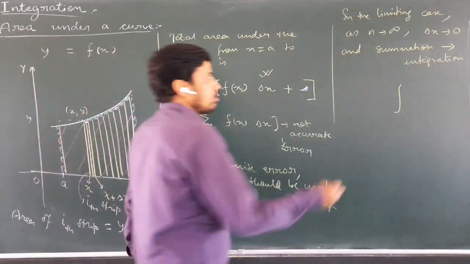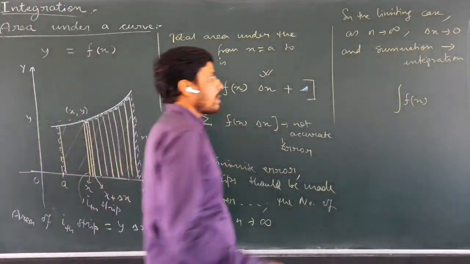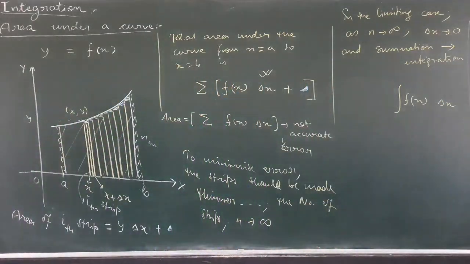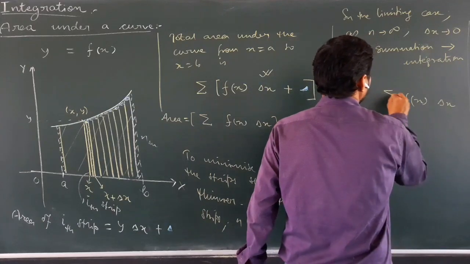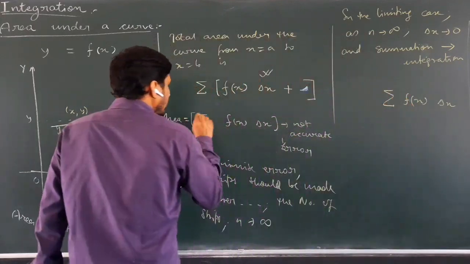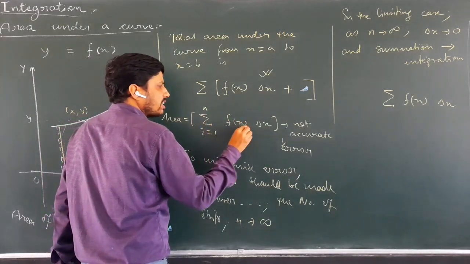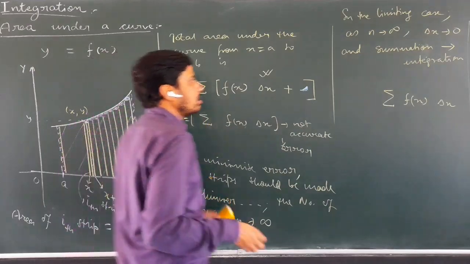Then we have f(x), so we write f(x). Then we had delta x. Now let me first write it in this form only. Earlier, this is summation, we had i equal to 1 to n. You can write f of x_i delta x_i. So there were n strips.